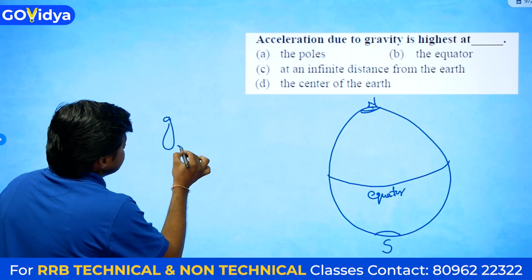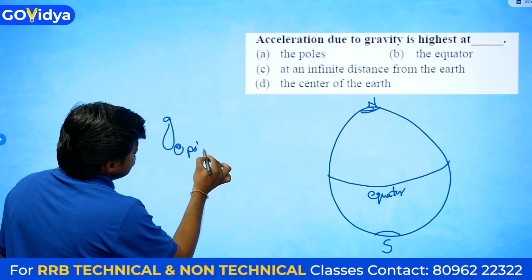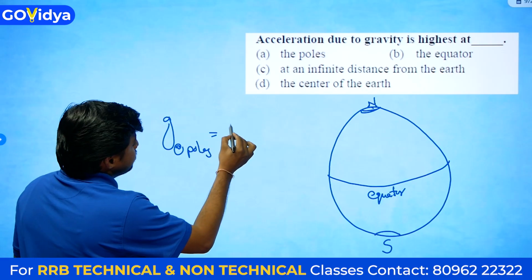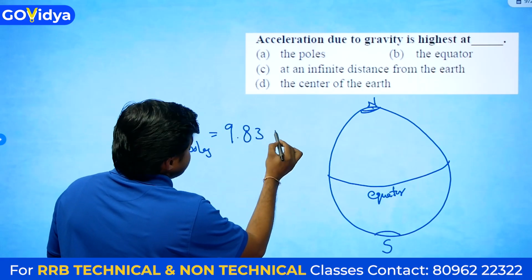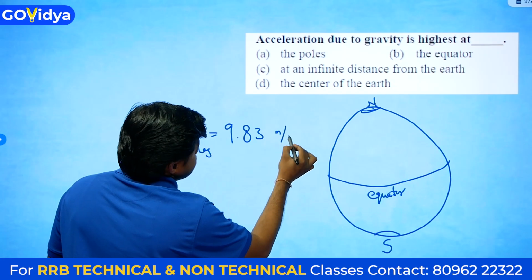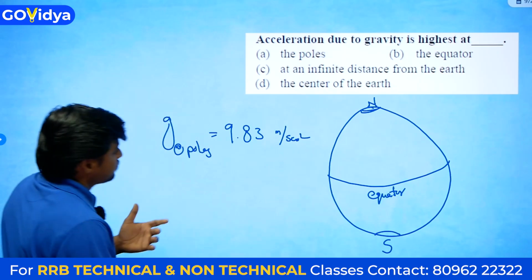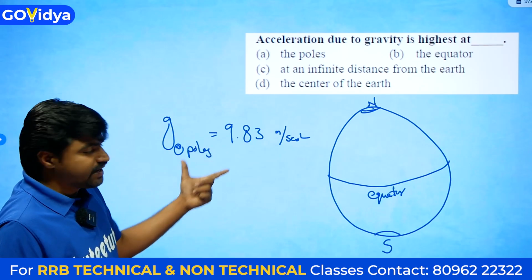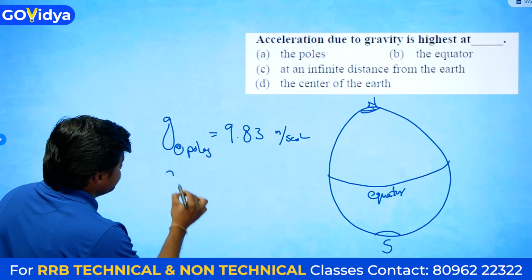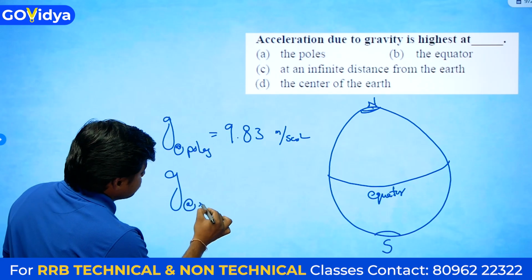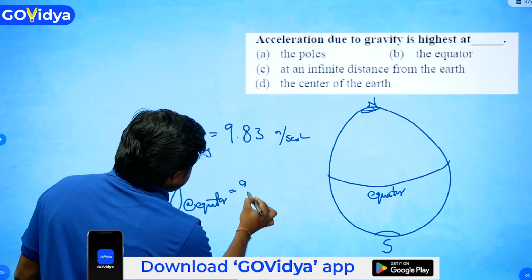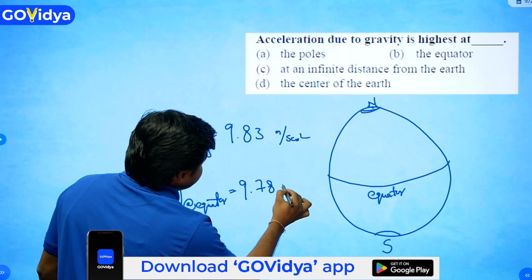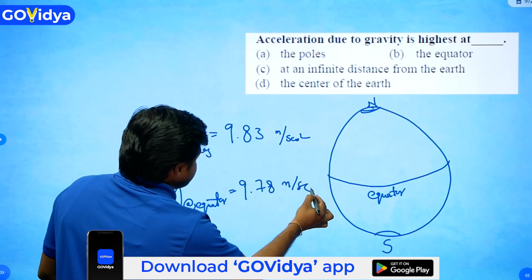Gravity at poles is equal to 9.83 meter per second square. This is the acceleration due to gravity at poles, and the acceleration due to gravity at equator is 9.78 meter per second square.